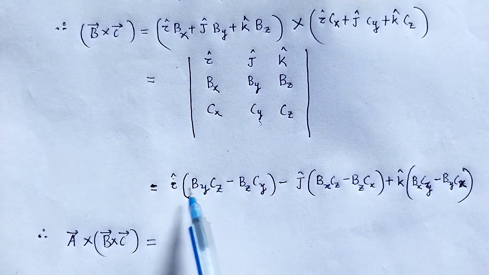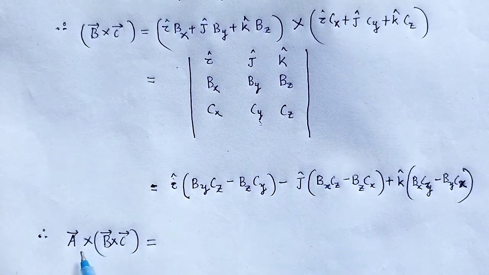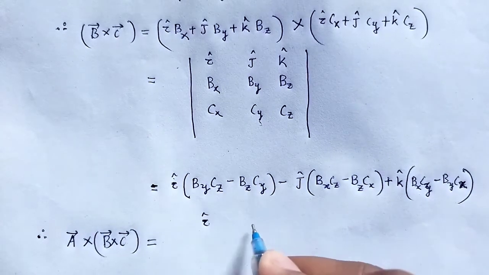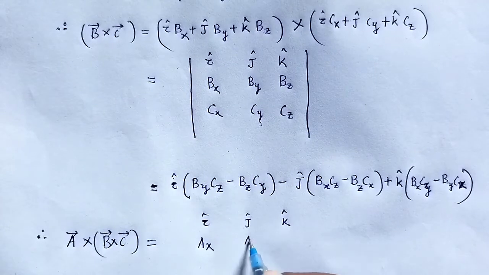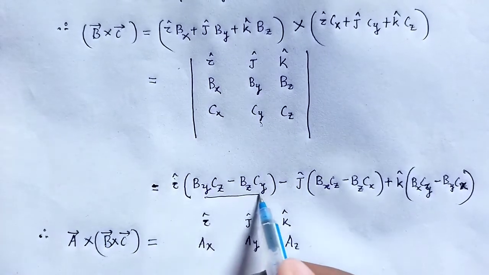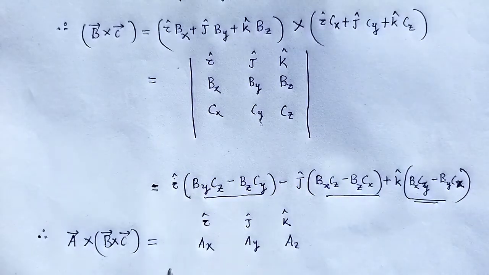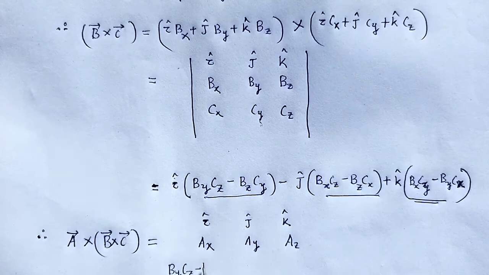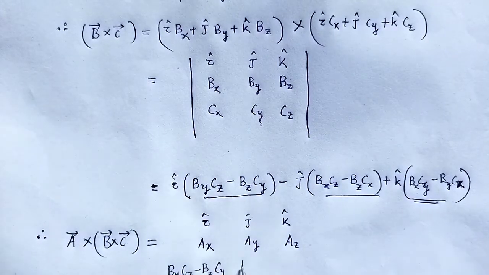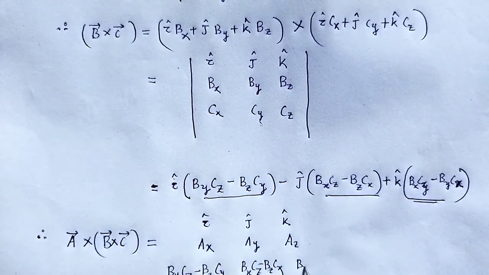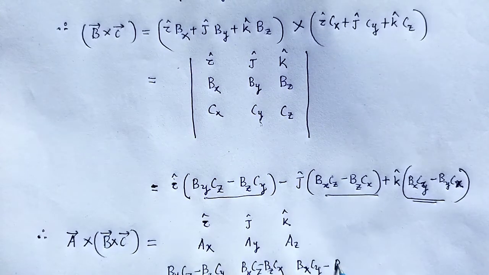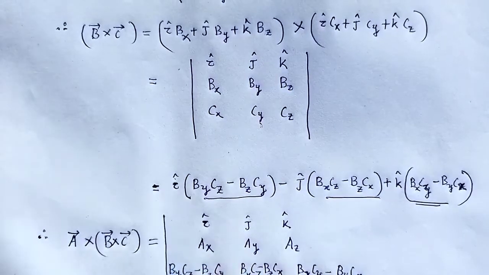In the previous step we found B cross C. Now again we take the cross product of A vector with the result of B cross C. That is the determinant of i cap, j cap, k cap, Ax, Ay, Az, and (By Cz minus Bz Cy), (Bx Cz minus Bz Cx), (Bx Cy minus By Cx).